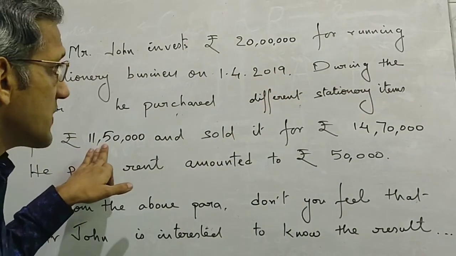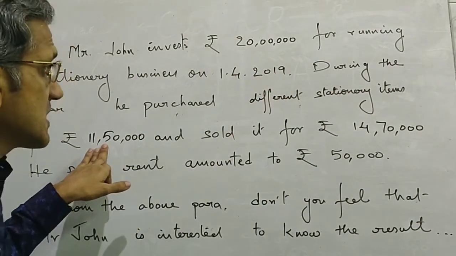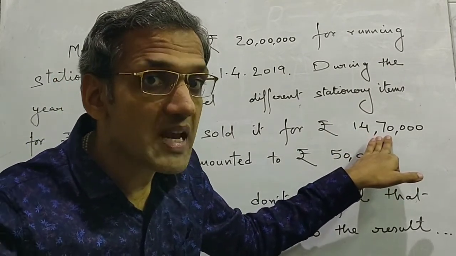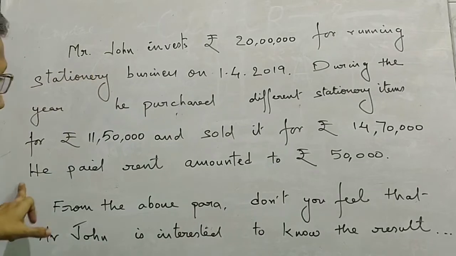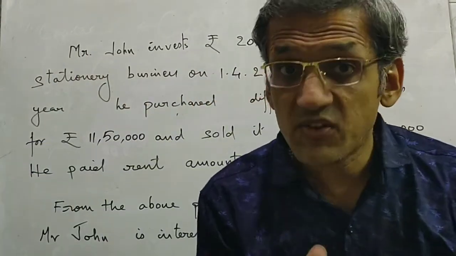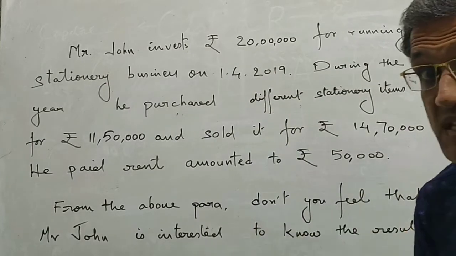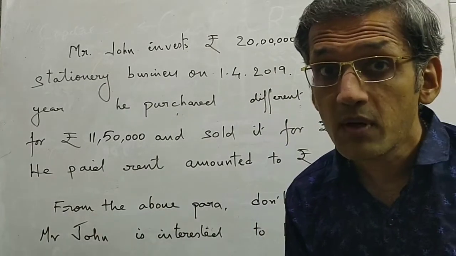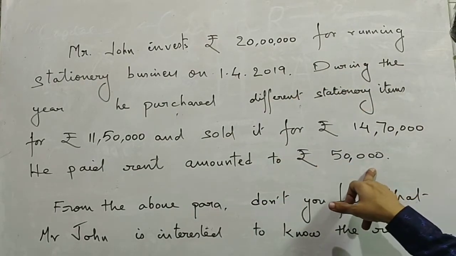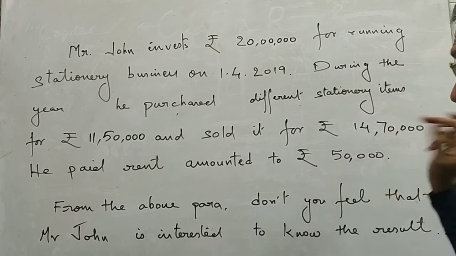So 11,50,000 is the expense, 14,70,000 is sales. What is it? Revenue. Now, he paid rent amounted to rupees 50,000. Again, it is an expense because without having a shop, you cannot run a business. So this is spent on rent of the shop.